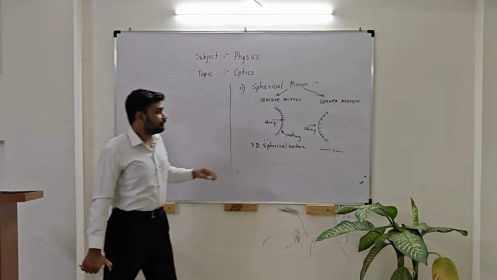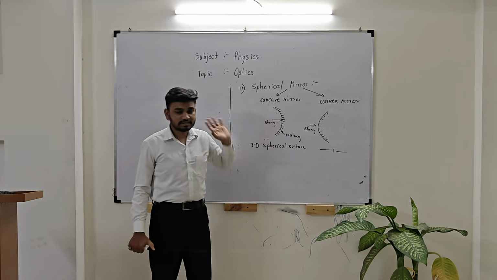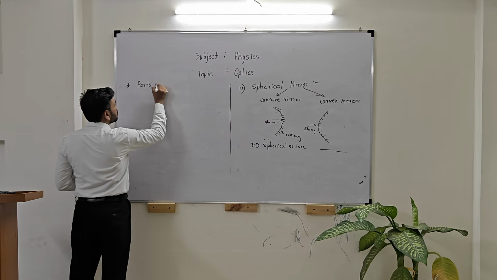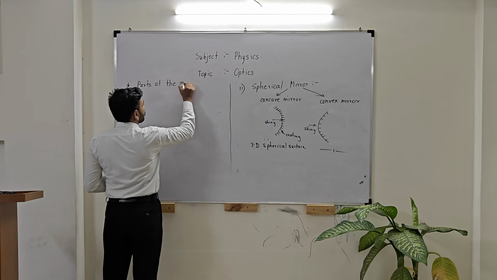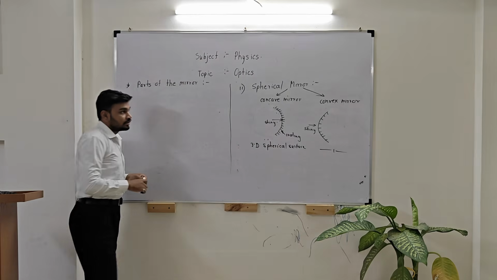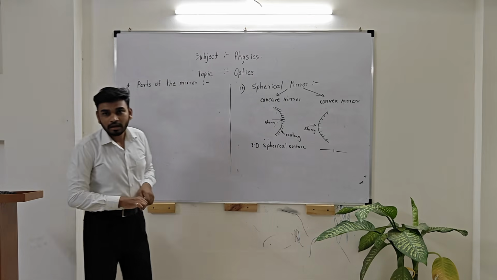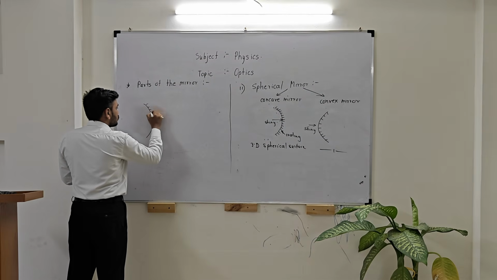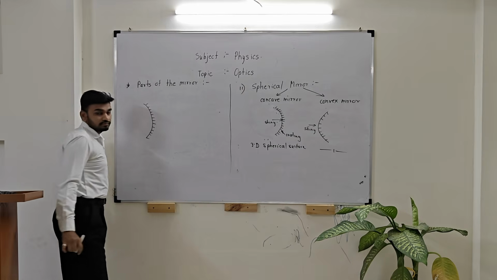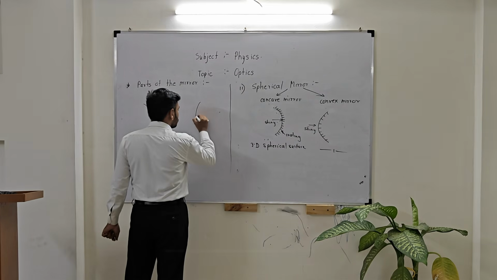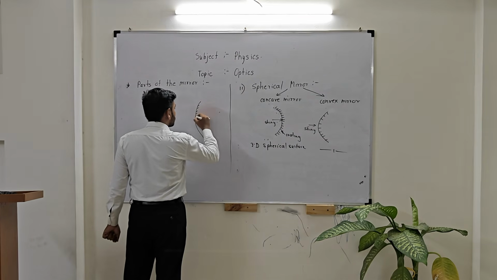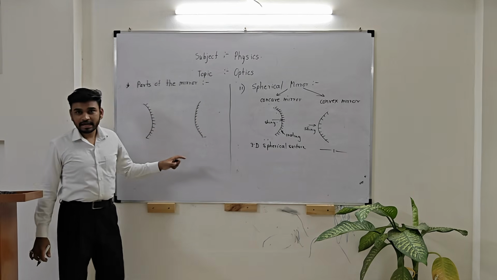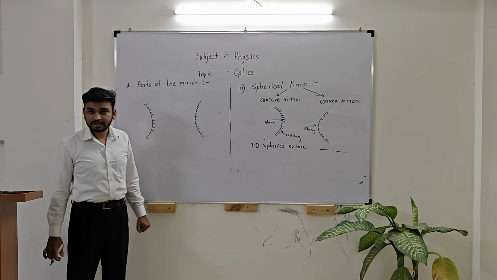Before this topic, we need to study the parts of the mirror. So let's start with the parts of the mirror. These two types of mirror, the concave mirror and the convex mirror, have parts. We already discussed that this mirror is formed from a spherical surface.